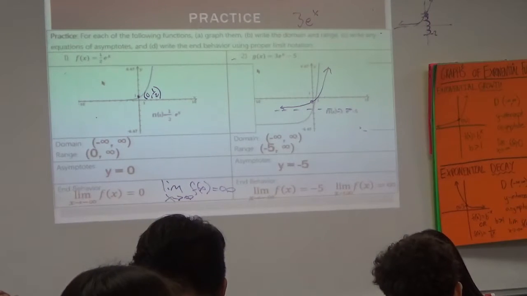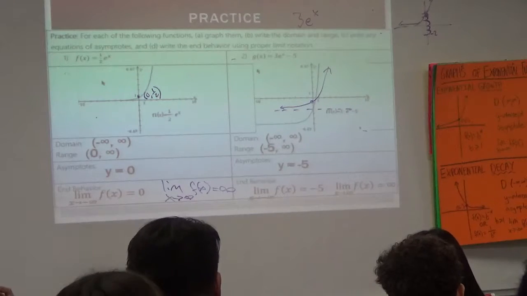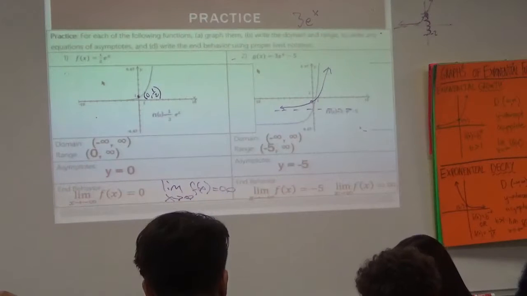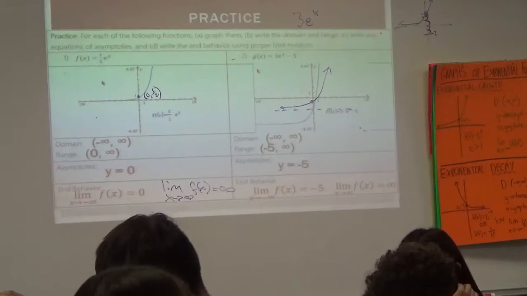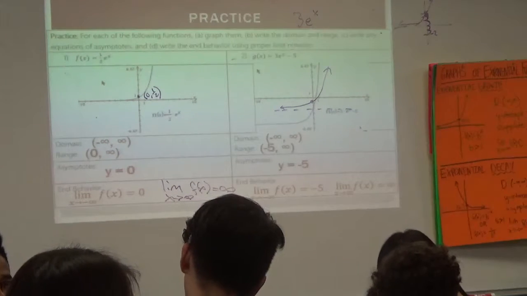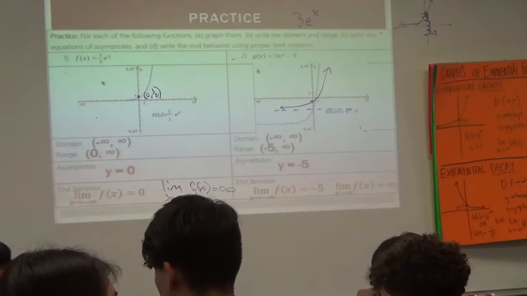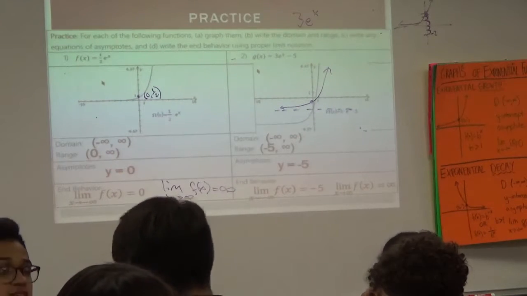Jimmy said that the asymptote was up. Of course it was up. Jimmy said the asymptote was up. I moved it up. Oh, I moved it up. What are you talking about? Did you do it? I'm probably wrong.